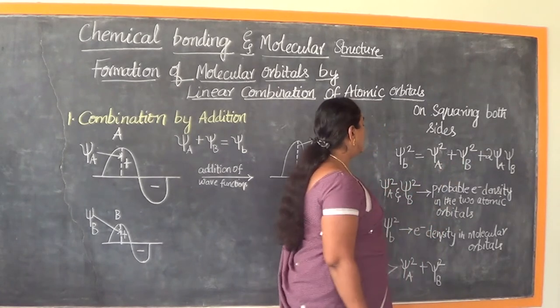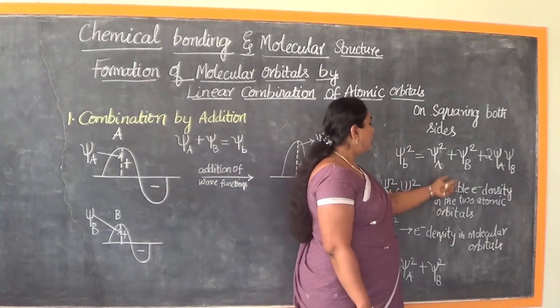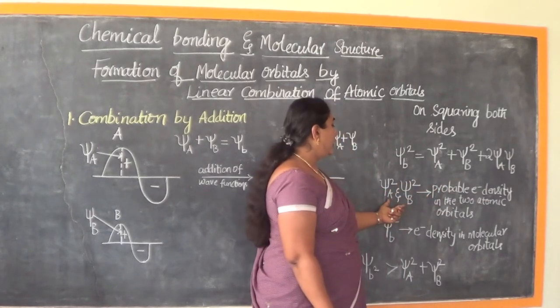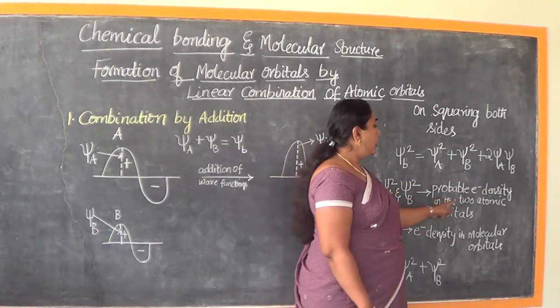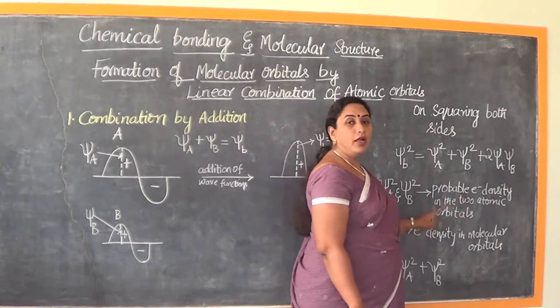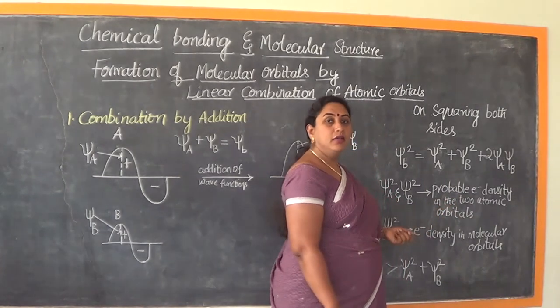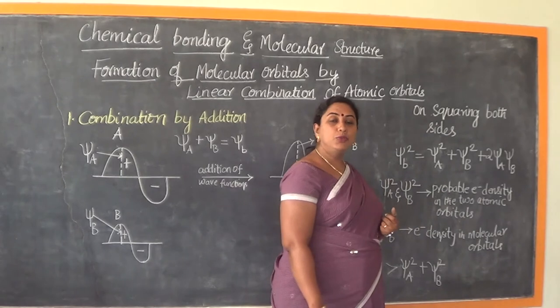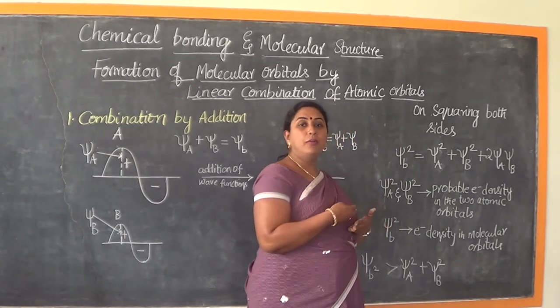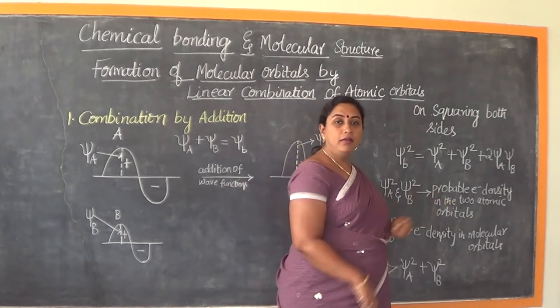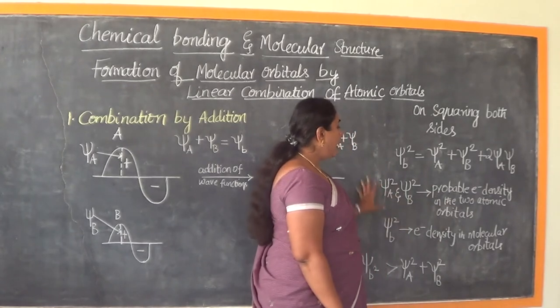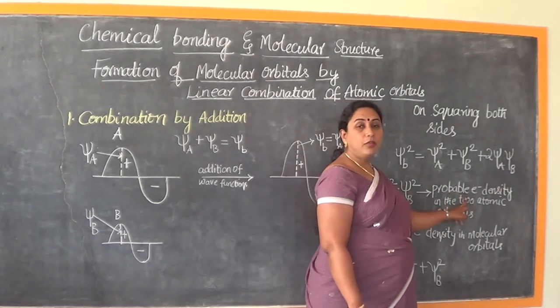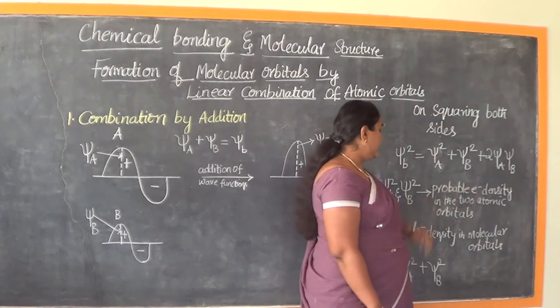Let us have a look at it. Psi A squared and psi B squared indicate the probable electron density in the two atomic orbitals. These are the atomic orbitals which are undergoing the linear combination to form the molecular orbitals. So there, it is talking about the probable electron density.